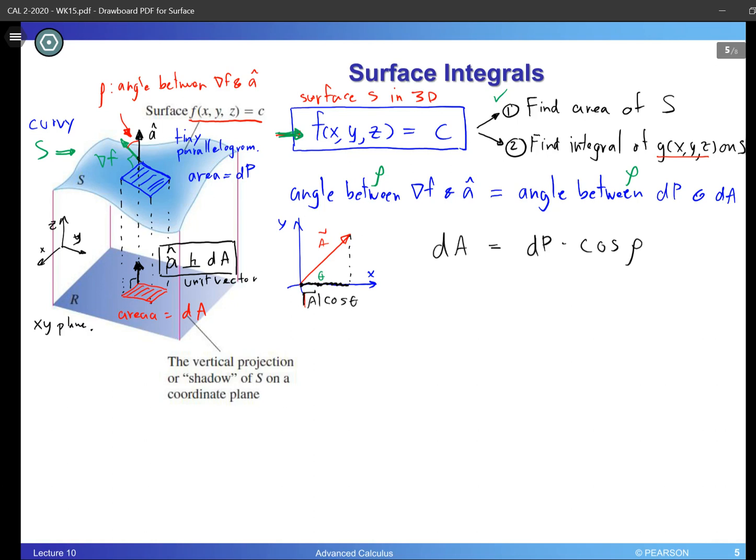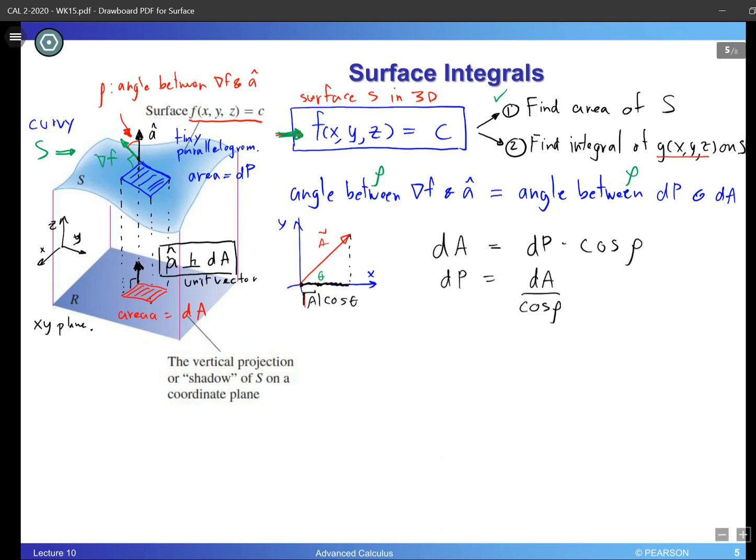So let's move things around. We have this dP equal to dA over cosine rho. Alright, now let's leave that for now. Let's take a look at the relationship between the vectors, the orthogonal vectors, gradient of f and the a hat.